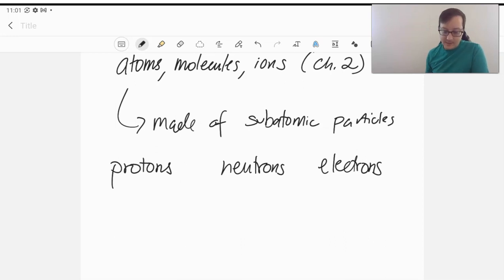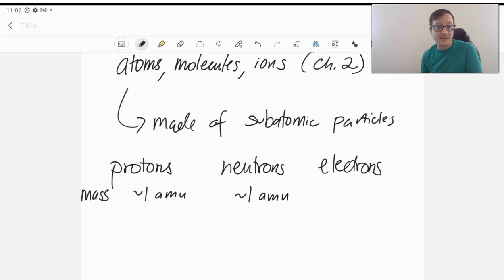We're going to see that if we want to look at the mass of these particles, protons have a mass of about 1 atomic mass unit, so do neutrons. Neutrons are slightly more massive than protons, just a little bit. And electrons are about 1/2000th of an atomic mass unit. So electrons really don't contribute much at all in terms of the mass of the atom.